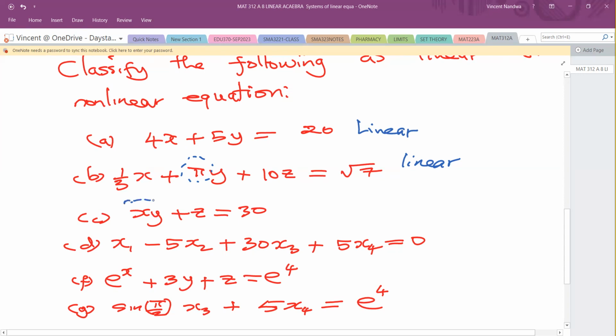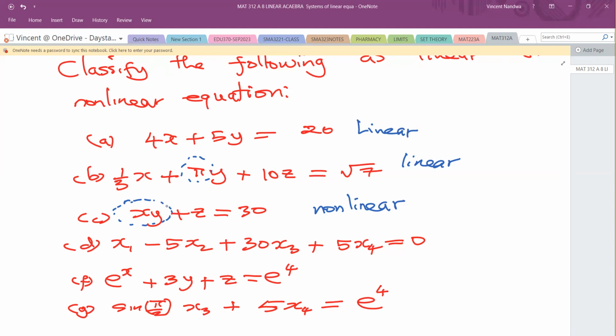Remember, we say that there is no product of variables in a linear equation, but you see there's a product of x and y. So that is the term that makes this nonlinear, because two variables have been multiplied to create the term. Okay?